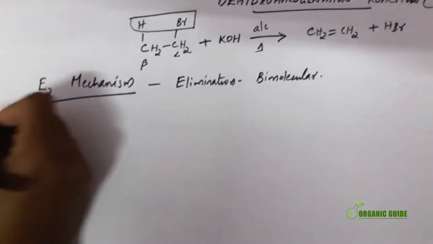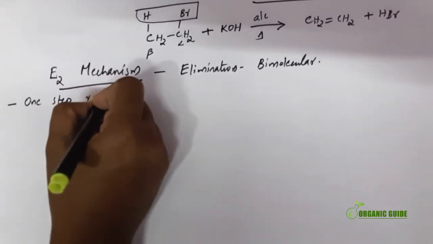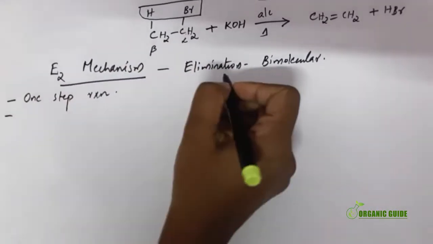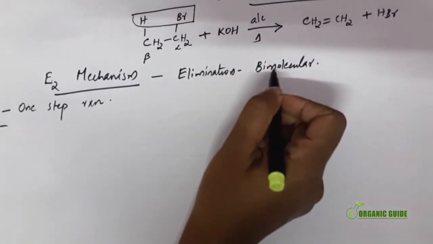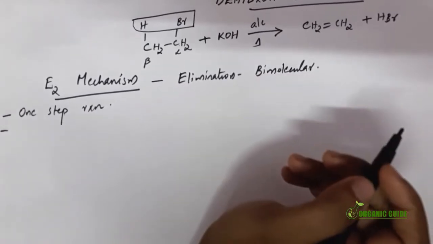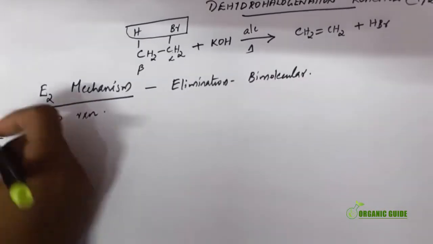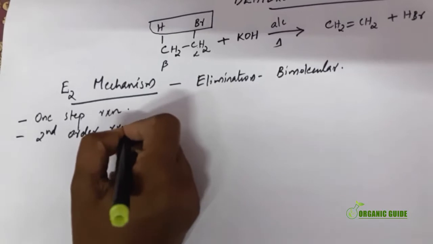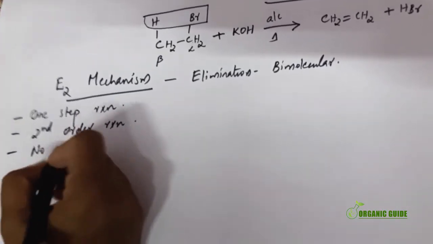So this is also a one-step reaction, and as we studied in the SN2 reaction, the rate determining step includes both the concentration of the nucleophile as well as the alkyl halide. This is a second order reaction. So there won't be any intermediate. No intermediate is produced.